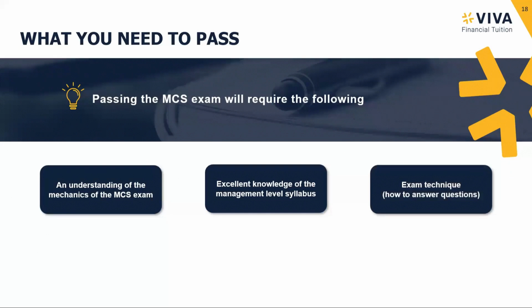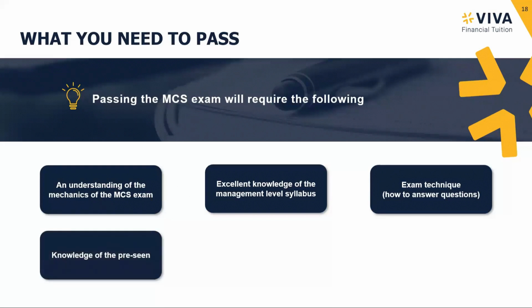Again, you can get that by looking back at past exams and what the examiner's report has said, because that will also help you with exam technique. You can get that from articles from the CIMA website, and also from the many applications that there are by the tuition providers. You need good knowledge of the pre-seen, and I'm hoping that I've inspired you to now go off and have a really good read of it and think about it.